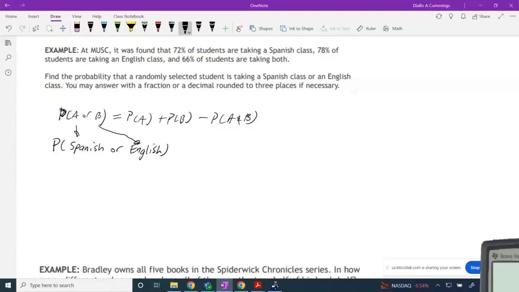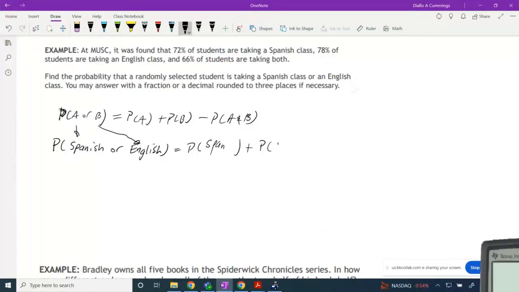If I substitute into this formula, that's the probability of students taking, I got this backwards, let me write it right.